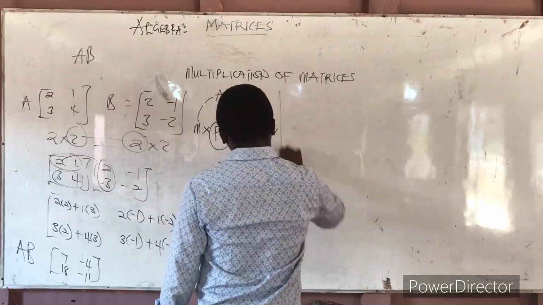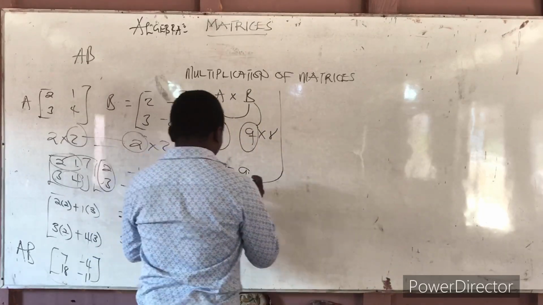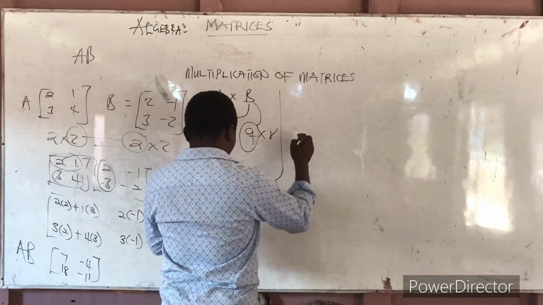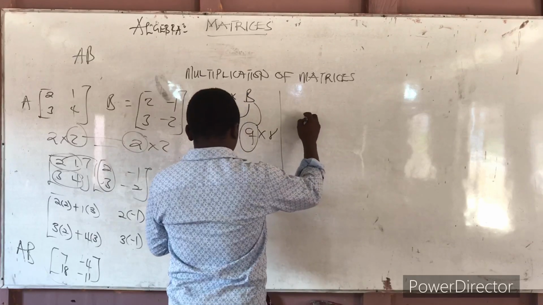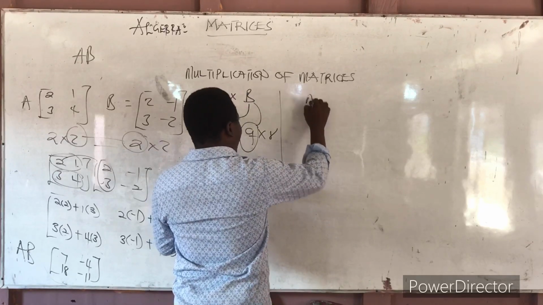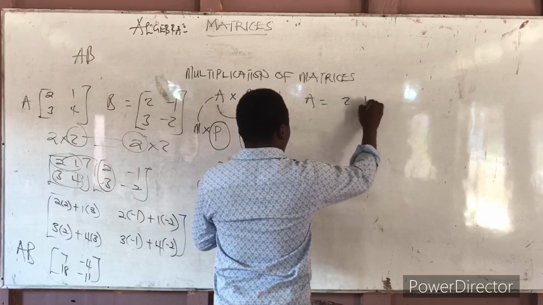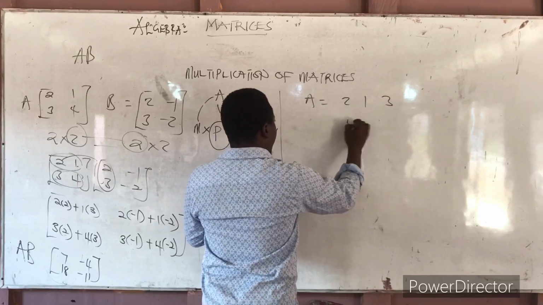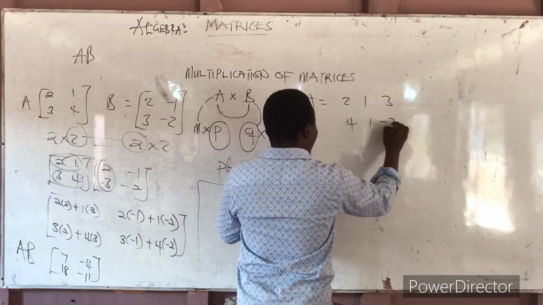Another example that they can give you is when they give you A to be 2, 1, 3, 4, 1, -2.